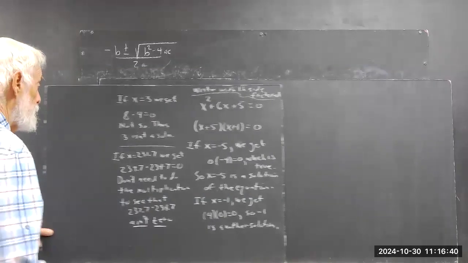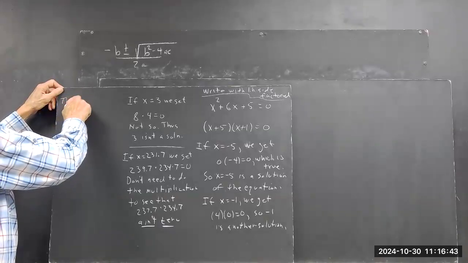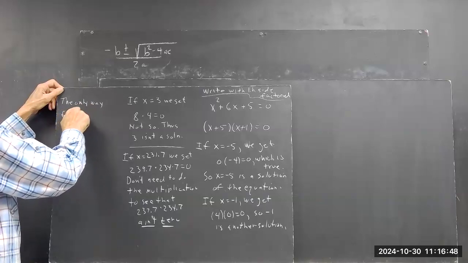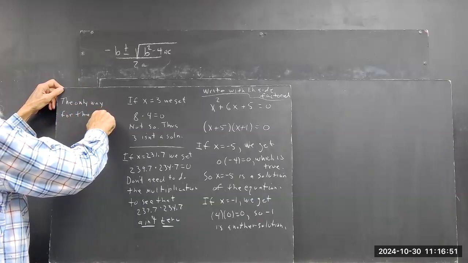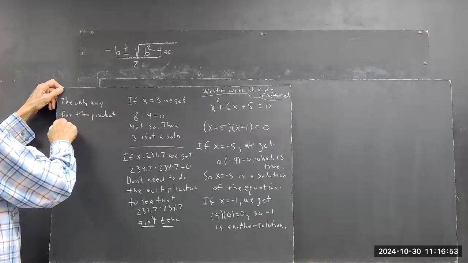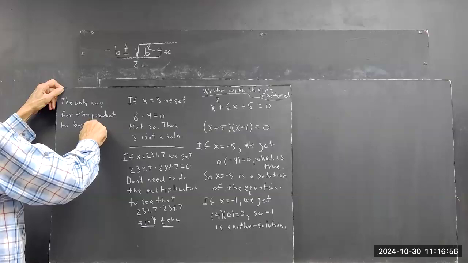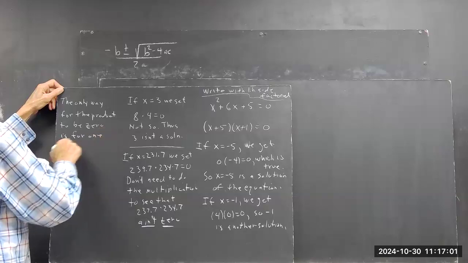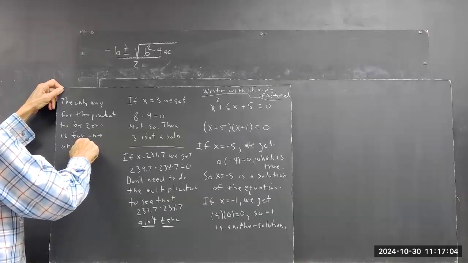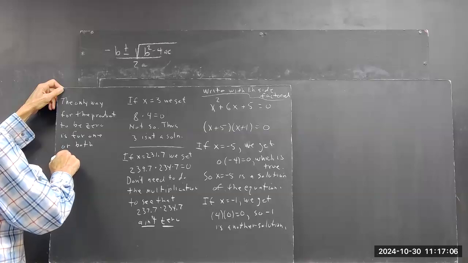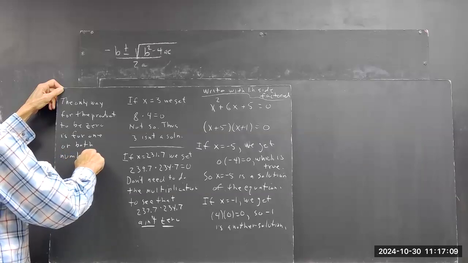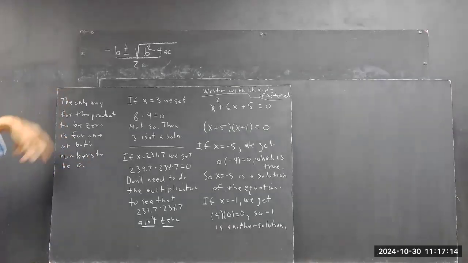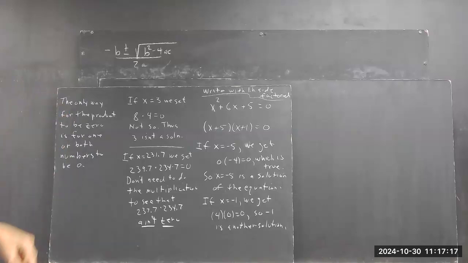Okay. I'm going to say the only way for the product to be 0 is for one or both numbers to be 0.